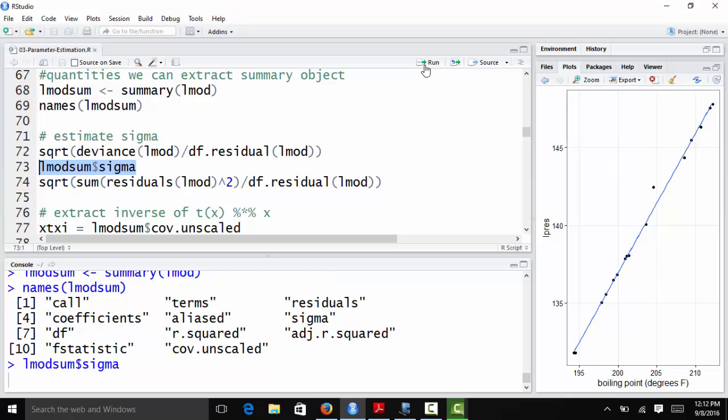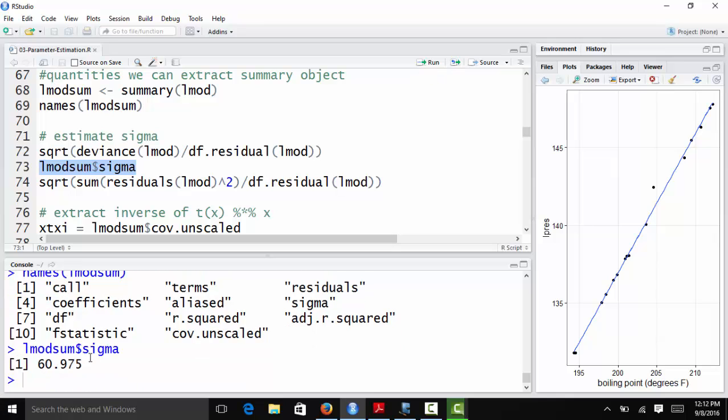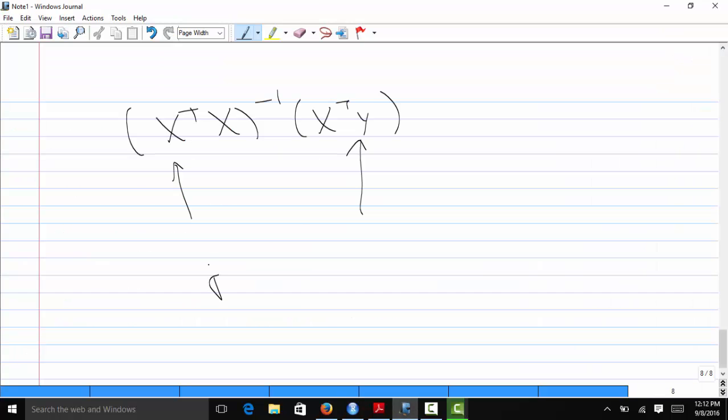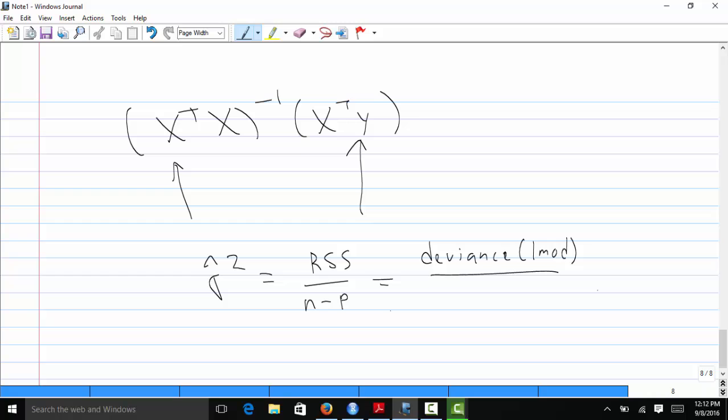But, in fact, we've already learned that sigma hat squared is the residual sums of squares divided by n minus p, the number of regression coefficients in our model. In the notation of R, the software, RSS is obtained from the deviance function, and n minus p is just the residual degrees of freedom.